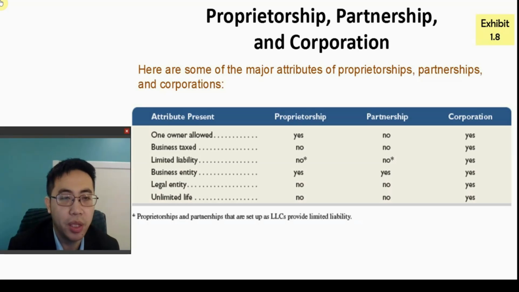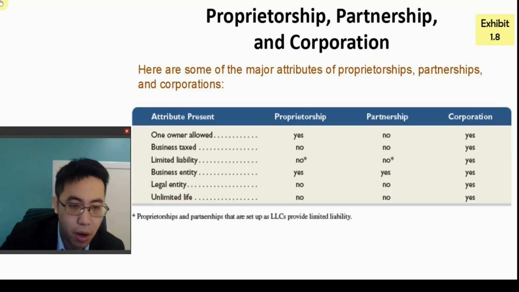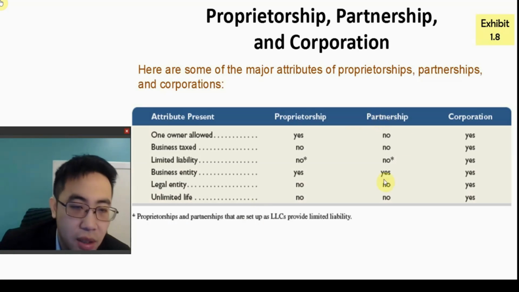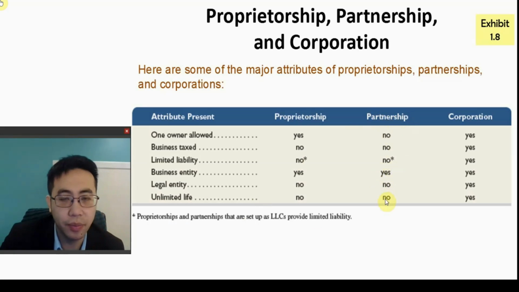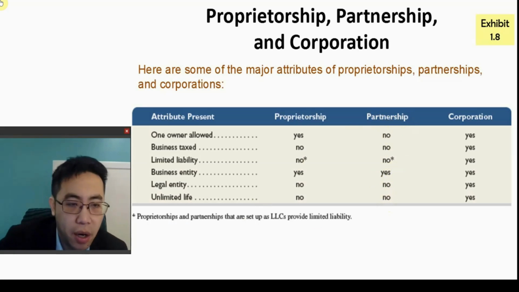The textbook just puts LLC here as part of the partnership, but it's a little bit different from a partnership. So just follow the textbook. So let me just say the partnership and LLCs are put right here.